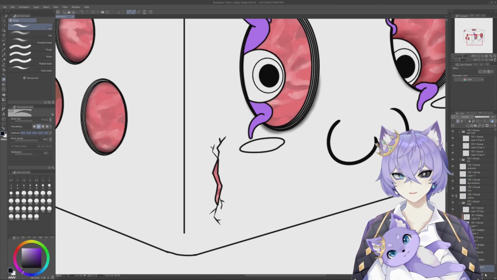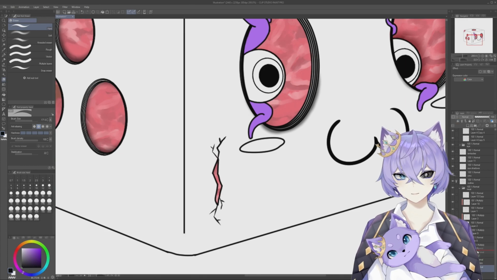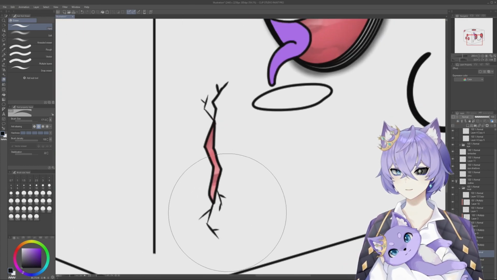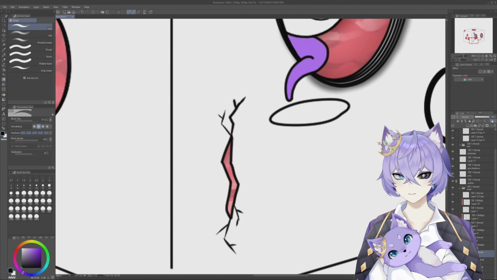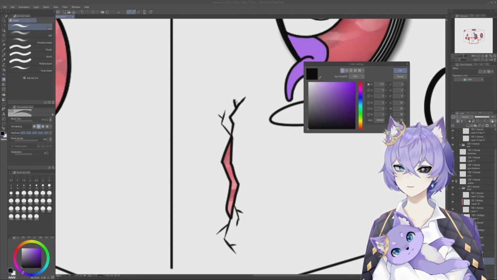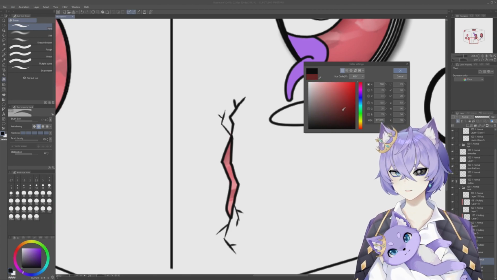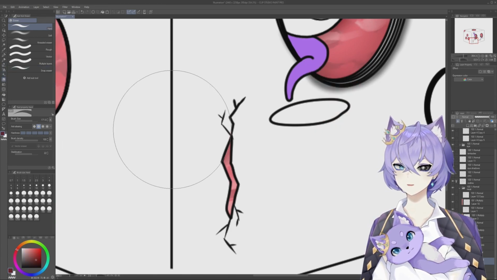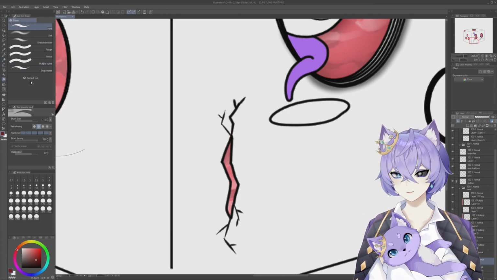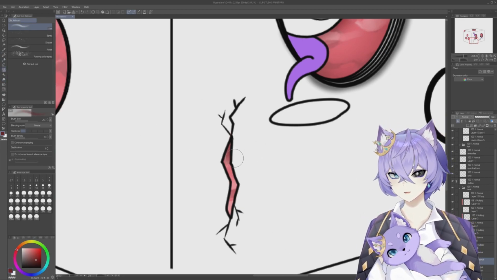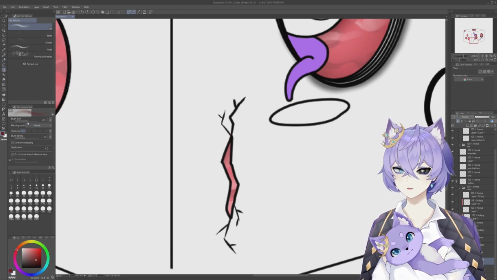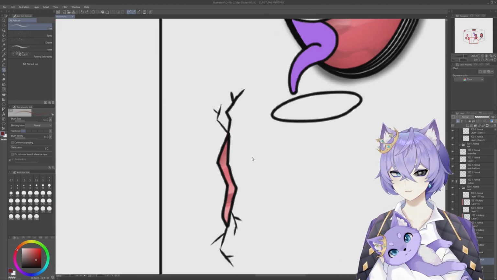New raster layer. Take that dark red and just airbrush it in, just along the edges. Probably want to make that a little bit smaller.